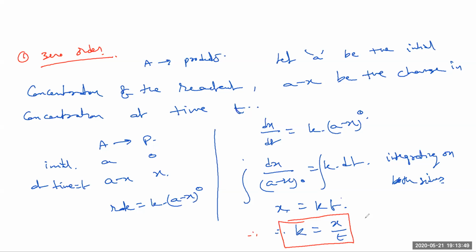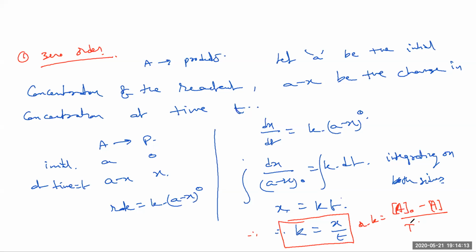What is x? Change in concentration. Or we can write k is equal to x, means change in concentration, by delta t, that is time.